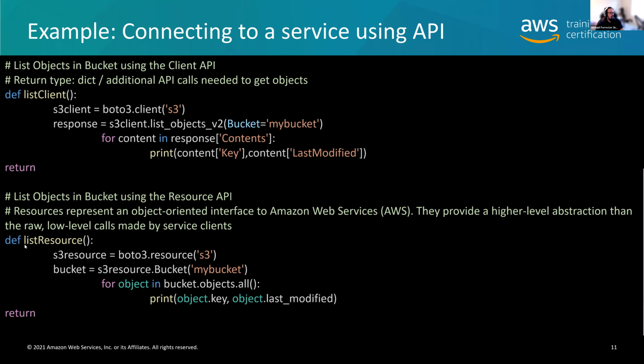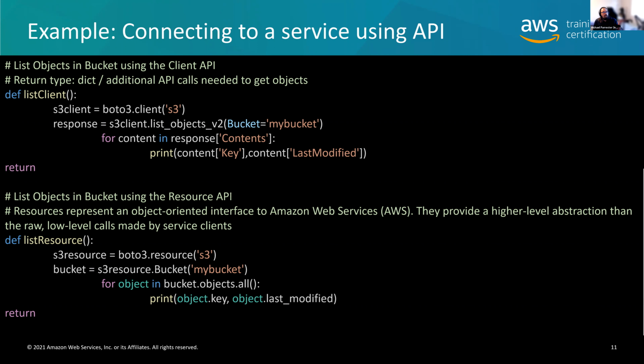Here we're doing the same thing, except instead of list client, notice it says list resource, but that's just an arbitrary definition. They could name that whatever they want. Notice here that instead of S3 client, they're just listing S3 resource. Again, boto3 resource, right? And then they're just calling the object in question. Now, does that look remarkably similar? It does to me, right?